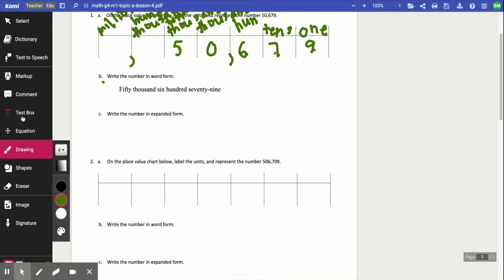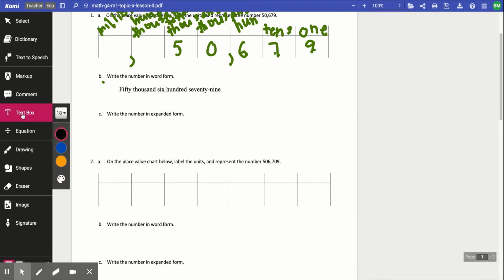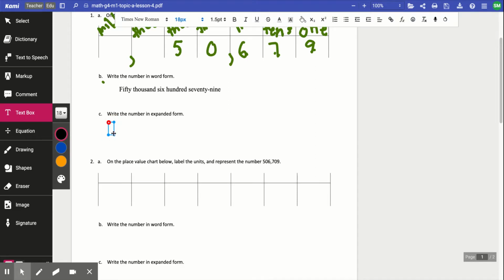So again, I could write it using my drawing, or I could write it using my text boxes. And I think I like the way that my text boxes look. So I'm going to make my box nice and big by dragging the corners, and I'm going to write it in expanded notation or expanded form. 50,000 plus no thousands.